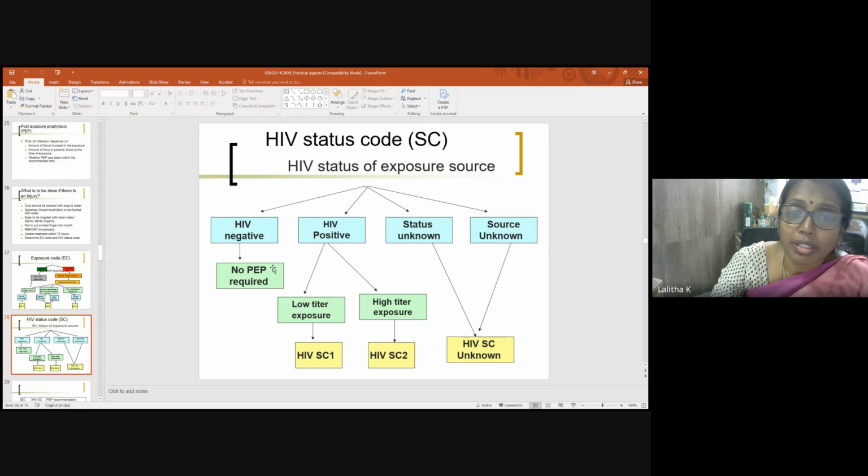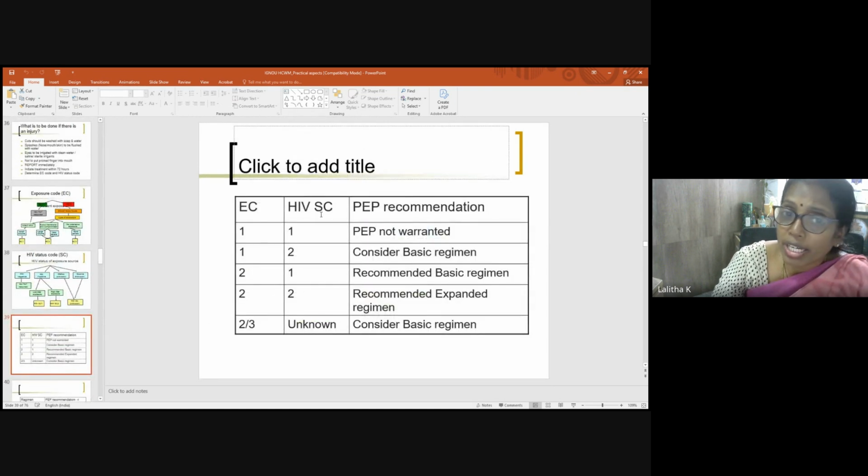The HIV status of a source we will not always know. Sometimes we know it is positive, sometimes we know it is negative, sometimes we will not know. If there is some needle lying on the floor and you get injury, you do not know who the source is. If you are doing an operation on an HIV positive patient, you will know that. So based on the exposure and HIV status, we can decide whether PEP is required or not required.